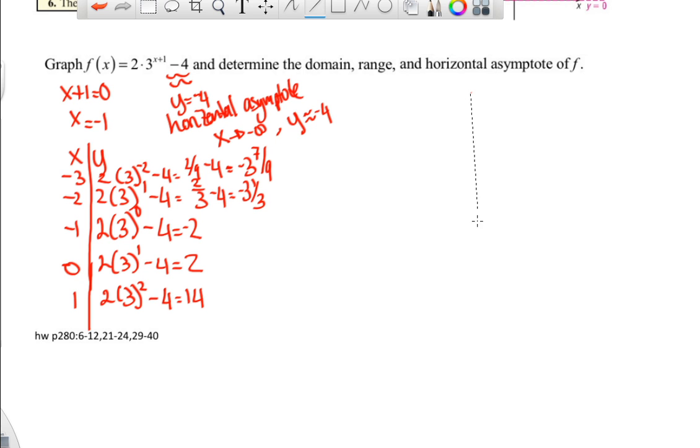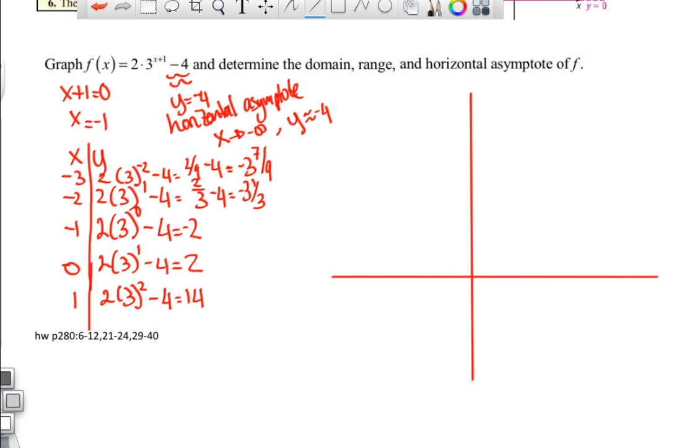How about the domain and the range? Well, we should be able to figure that out based on the graph, right? So here's another way that you can look at the horizontal asymptote. If you look at the negative 4, that's a shift down of 4 units.